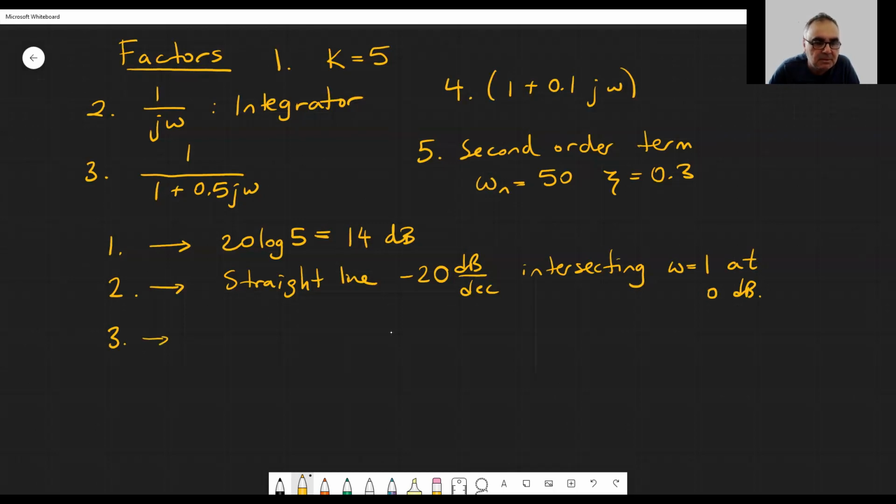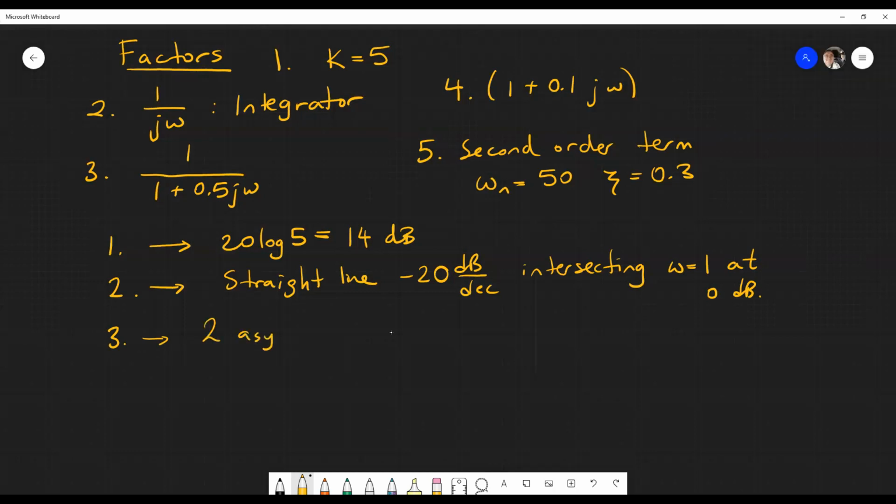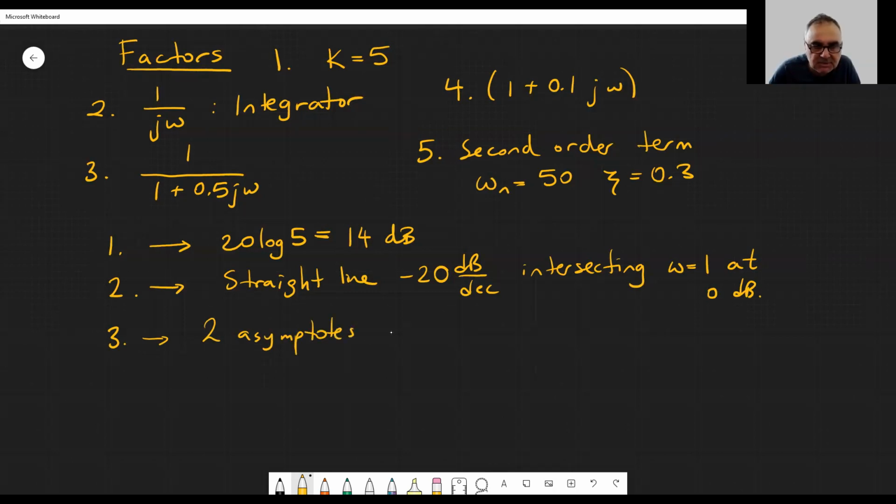The third one has two asymptotes. One starts like this and then goes down like that, with the corner frequency at omega equals 1 over 0.5, so omega equals 2.